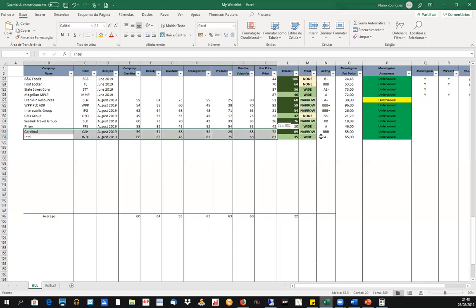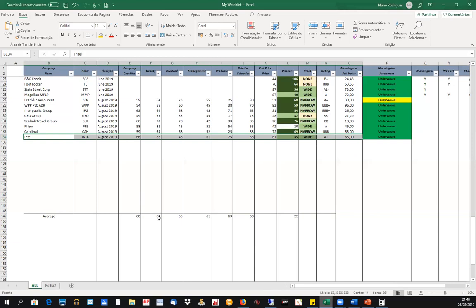Regarding Intel, it's above average. So no doubt it's something to take into consideration, all right? In terms of company quality, well above the average.